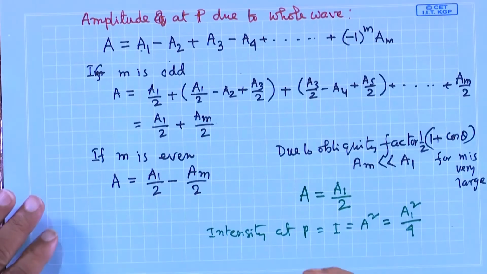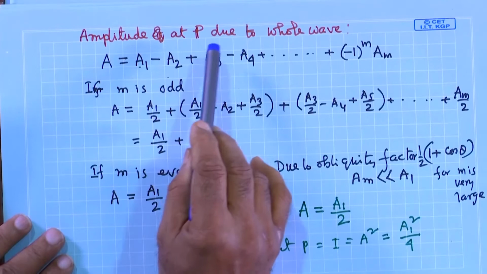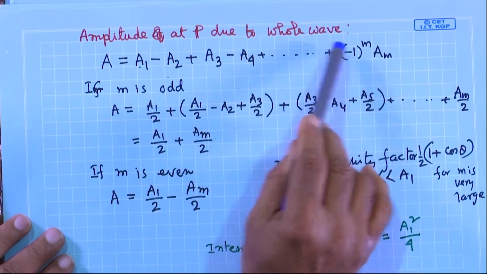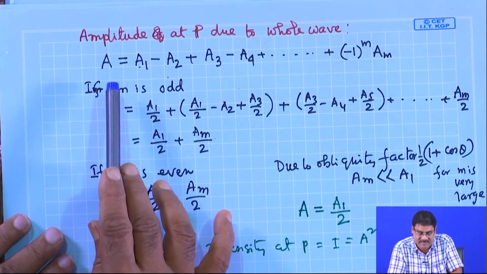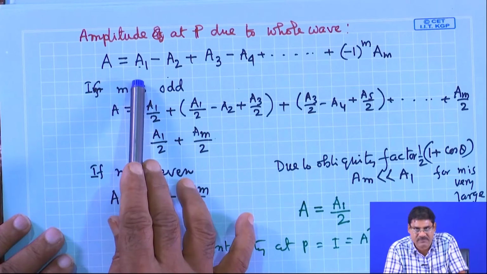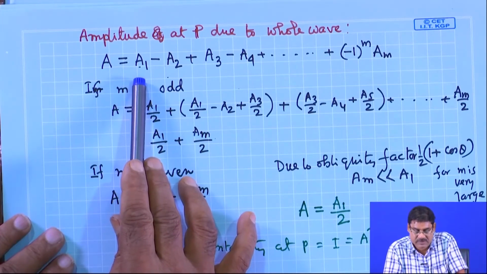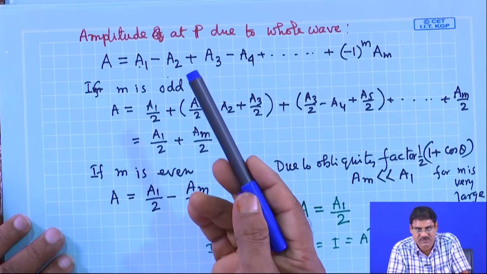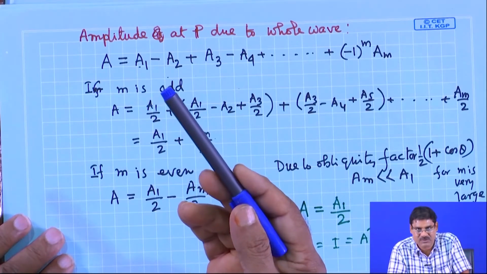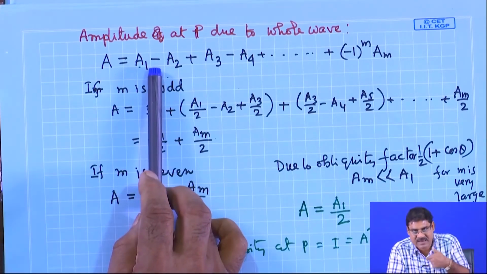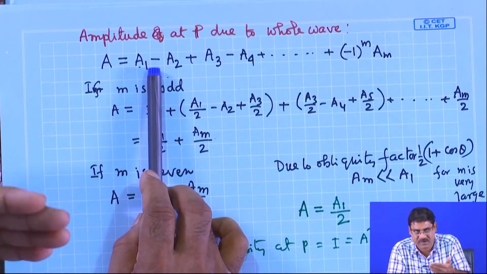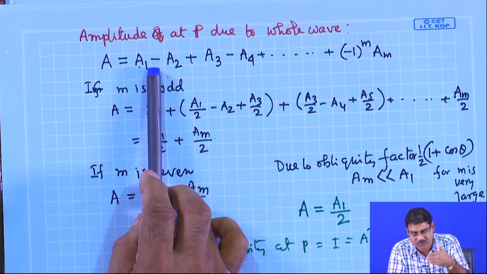So that is what we are interested to know, then you will know the intensity. So, amplitude at P due to the whole wave front. We can write the total amplitude at P as A equal to A1 from the first zone, then the second half-period zone. The phase difference is just opposite, pi phase difference or lambda by 2 path difference.